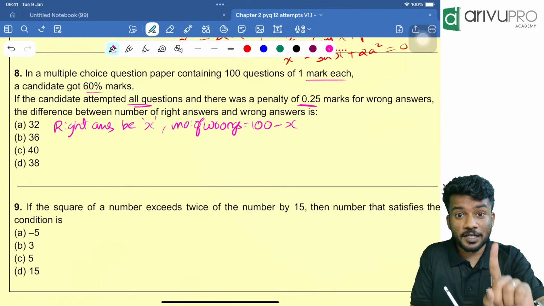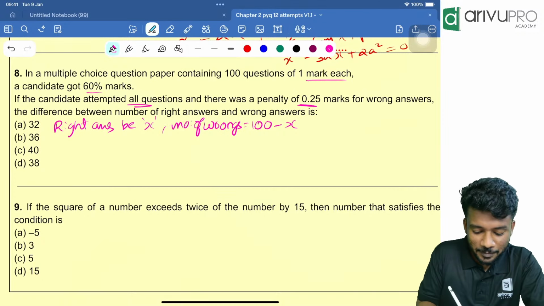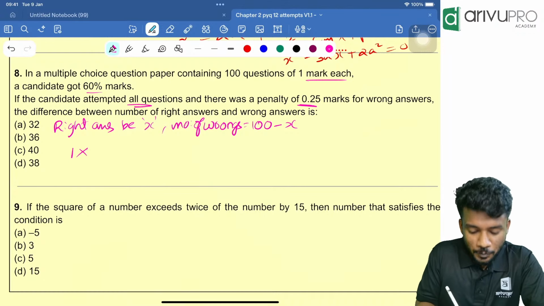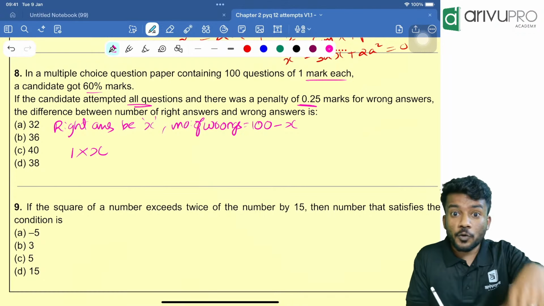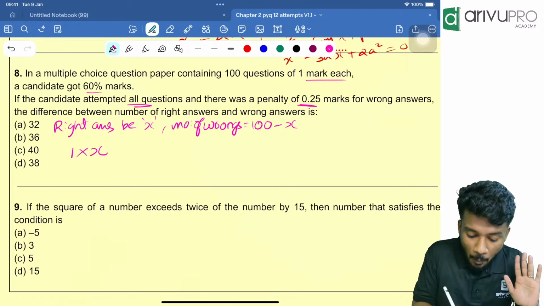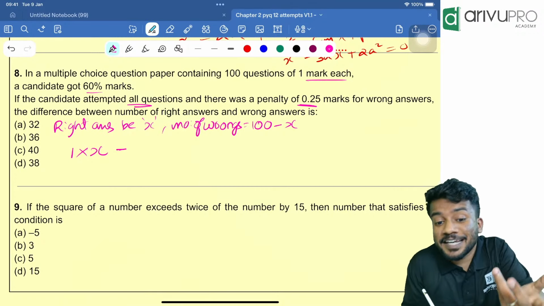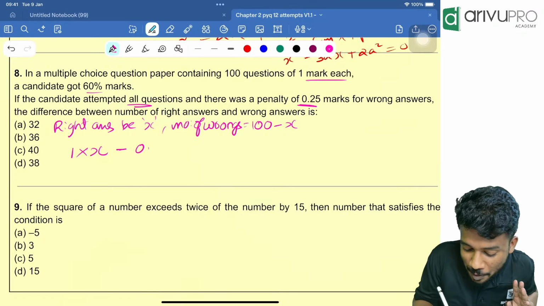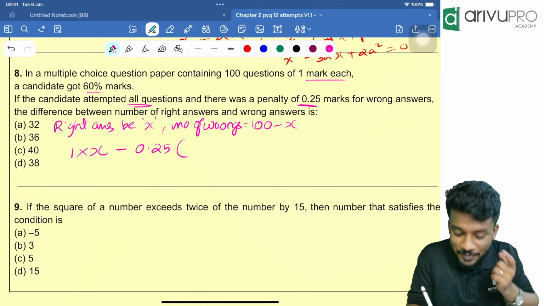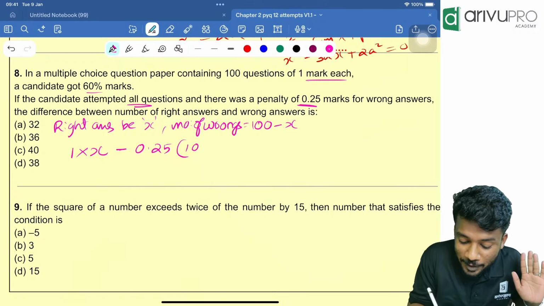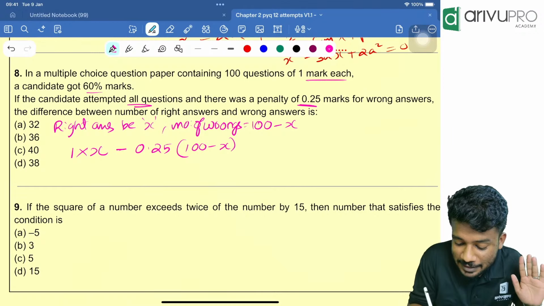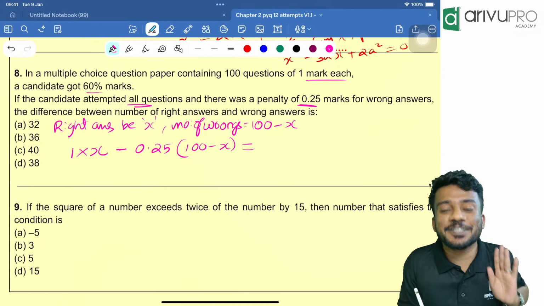If one question is correct, you will get 1 mark. So 1 mark into the total questions which you answered correct, minus, we need to reduce the negative mark, right? How much is the negative mark? 0.25 into how many wrong answers? 100 minus x, which is equal to how much marks you got?